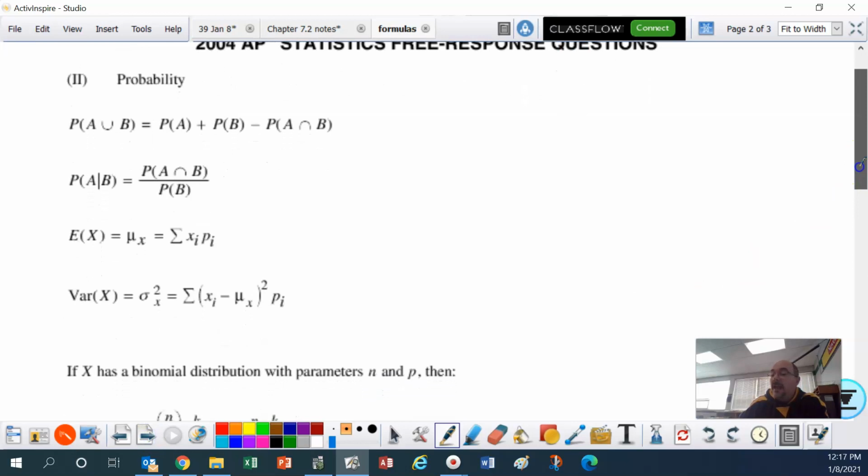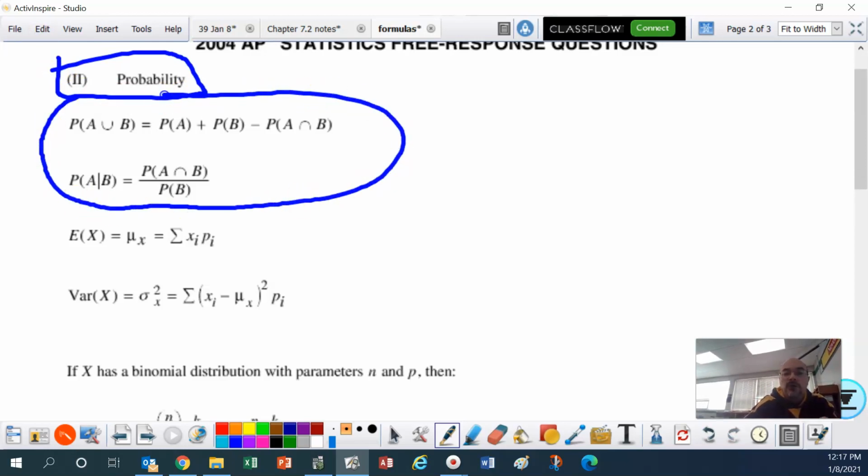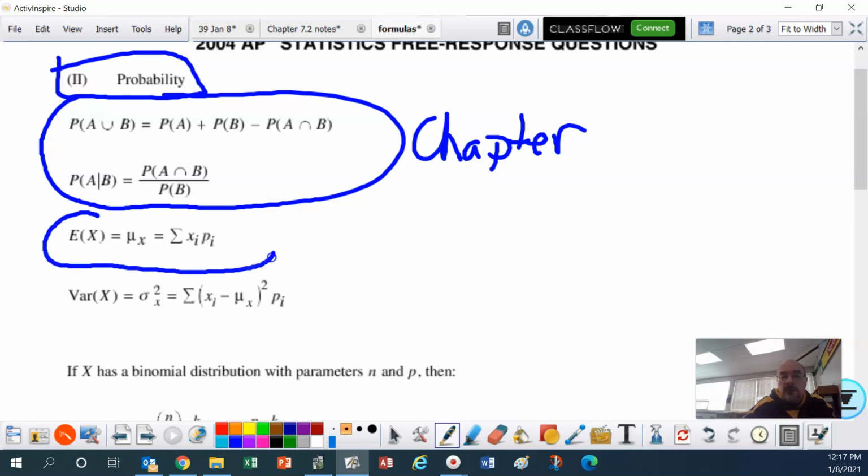Right here on the second page of the formula chart, we've got our probability section. You should recognize those. Those are the only two things they're going to give you for probability from chapter 6: the probability of A or B, and the conditional probability. But this thing right here is our expected value.